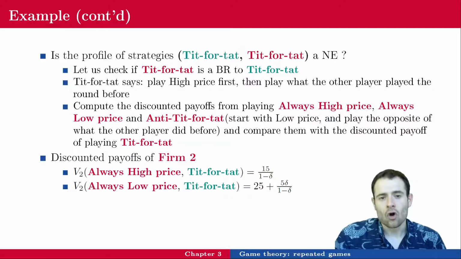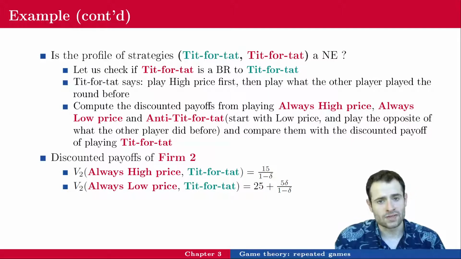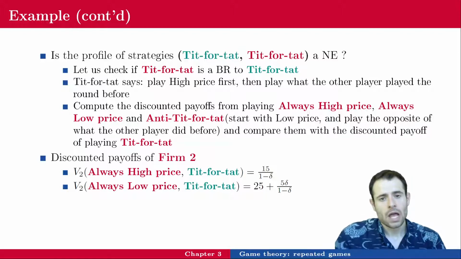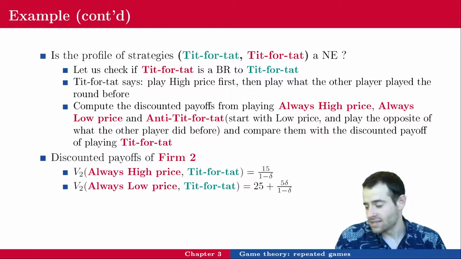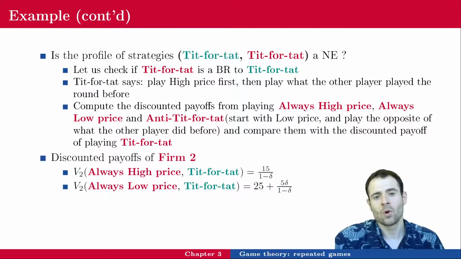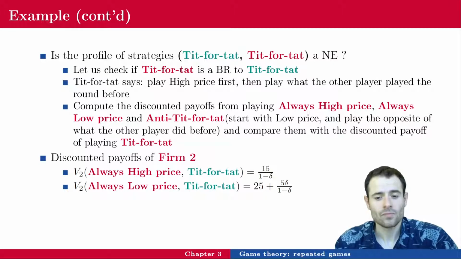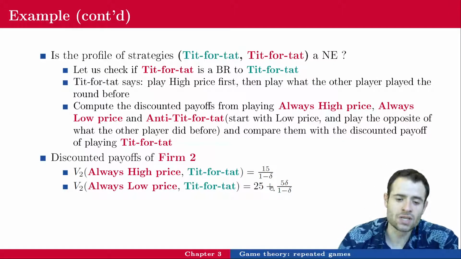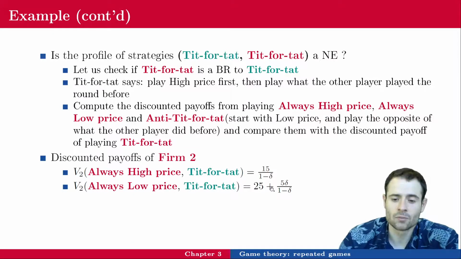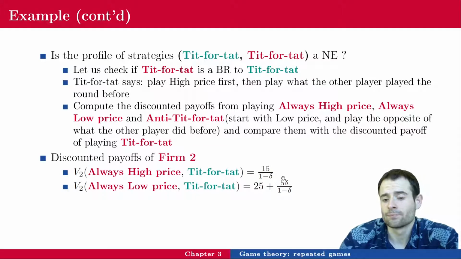So on day 2, firm 1 plays low price, firm 2 plays low price. They both get 5. And then on period 3, firm 1 again is looking at what firm 2 did before. That was low price. So firm 1 plays low price. And so they're going to play low price forever. So the present value, the discounted payoffs of firm 2 will be 25 the first day and 5 for the rest of its life.